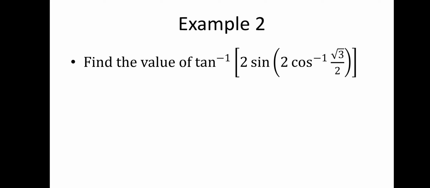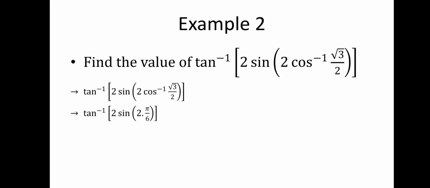So cos pi by 6 is root 3 by 2. Therefore cos inverse root 3 by 2 is pi by 6. In the next line I can write cos inverse root 3 by 2 as pi by 6. Now 2 into pi by 6 becomes pi by 3.